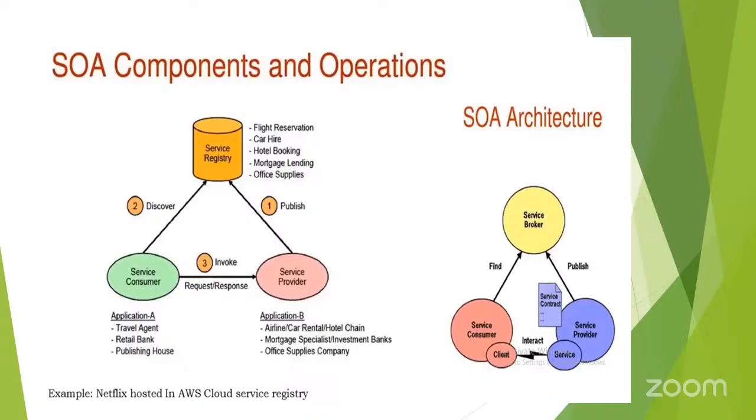To advertise it to end users, they have to register the details in the service registry: the Netflix app, these are the functionalities, this is the purpose, this is the cost, and this is the subscription details. That will be stored in the service registry.